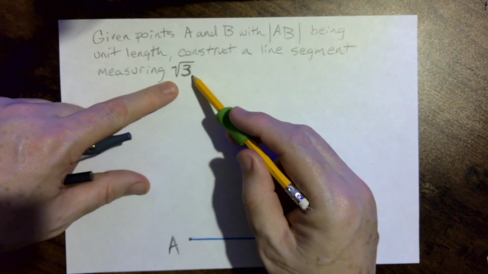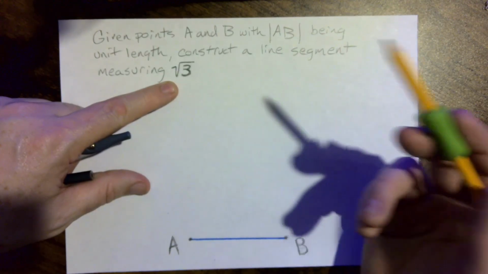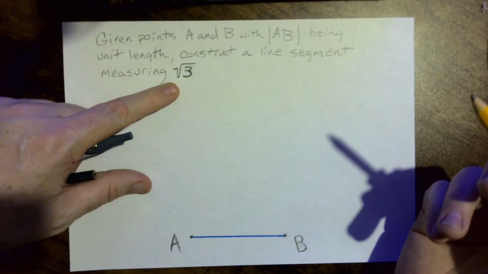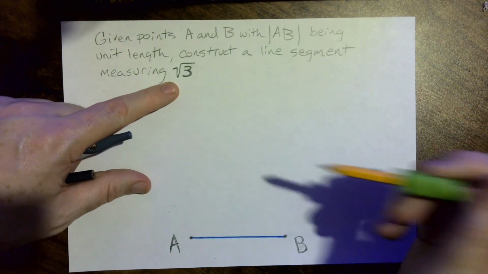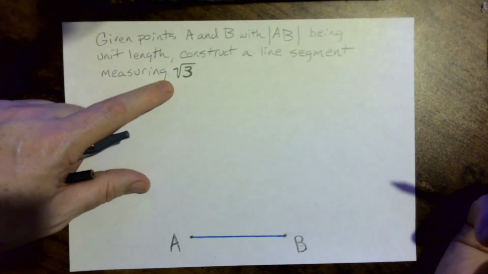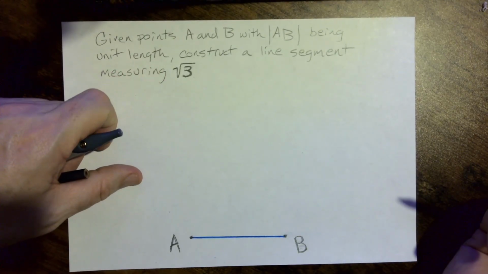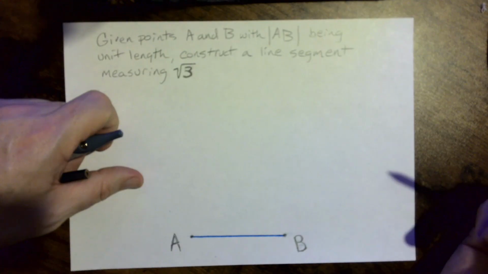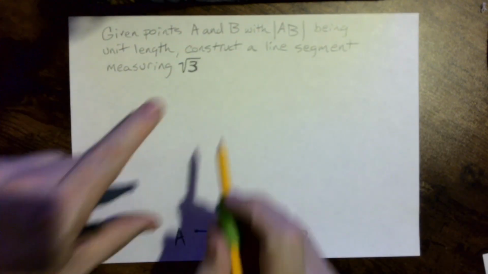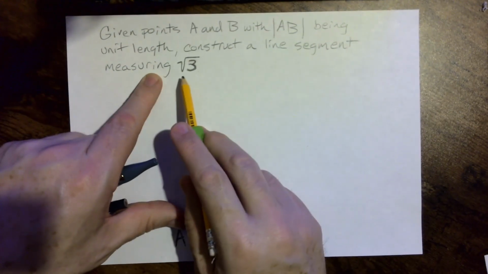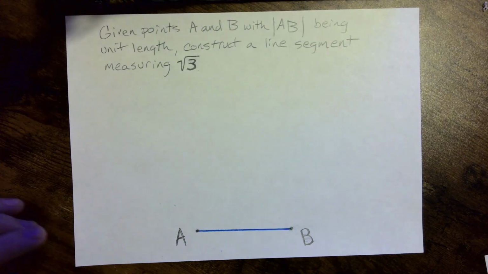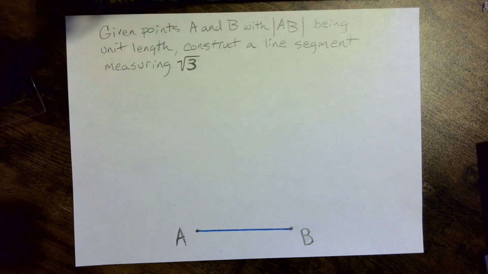And we can do this for square root of 4, which is just 2, pretty easy. But square root of 5, square root of 6, square root of 7, square root of 8, you'll see how we can construct a line segment measuring the square root of those natural numbers.